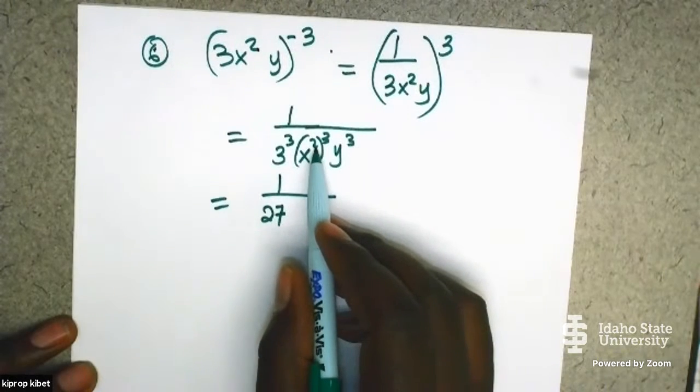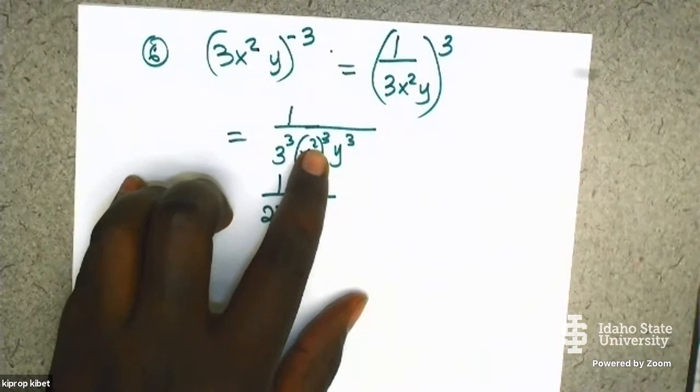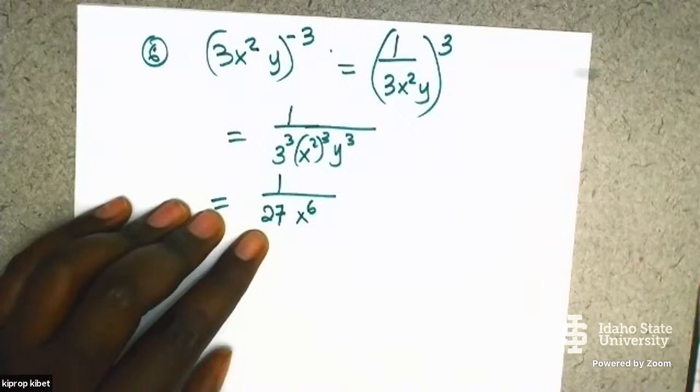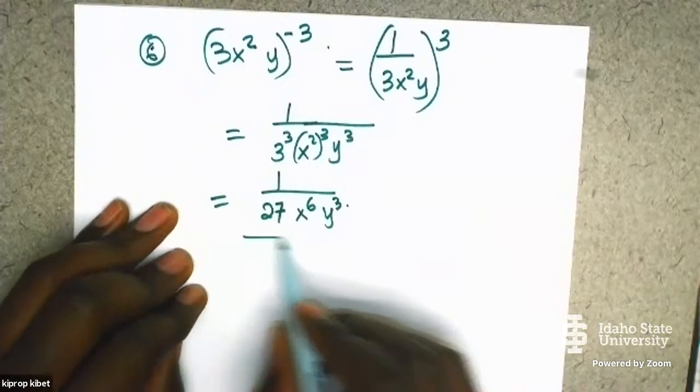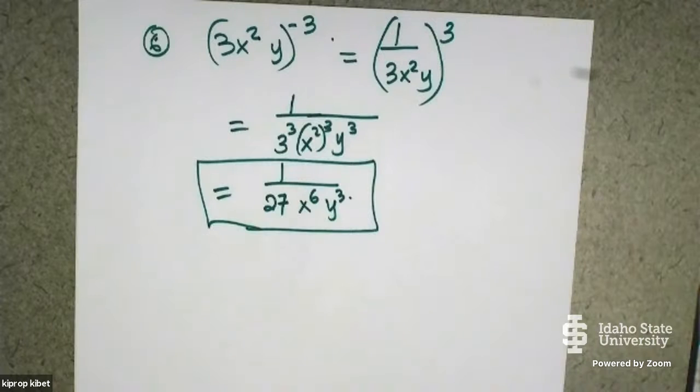And then x squared raised to 3, using property number 6, is x raised to 6. And then this is y raised to 3. That is our final answer. Any question up to there?